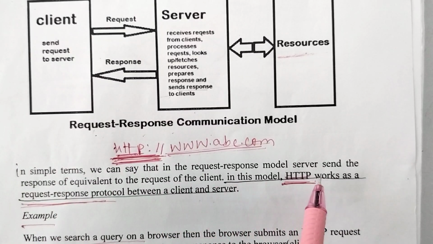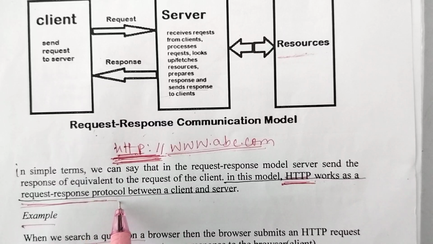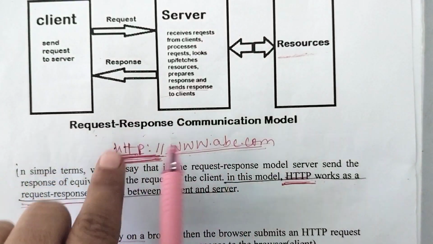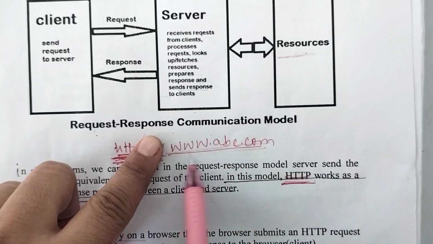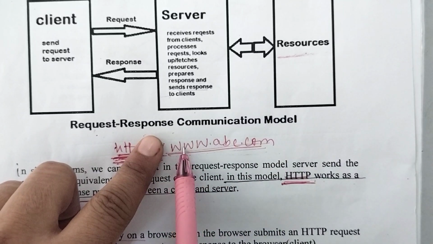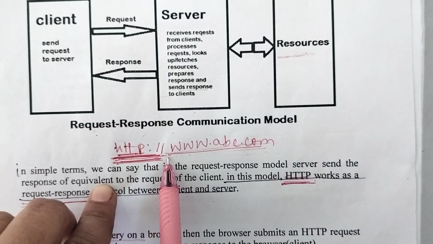Now in this particular model, HTTP is the protocol which is used as the request response protocol. That is why you must have seen that even if you do not type HTTP in the URL of your web browser, say you just typed www.abcd.com, even in that case, by default HTTP will come here. Why?